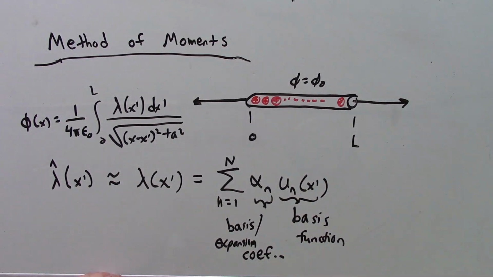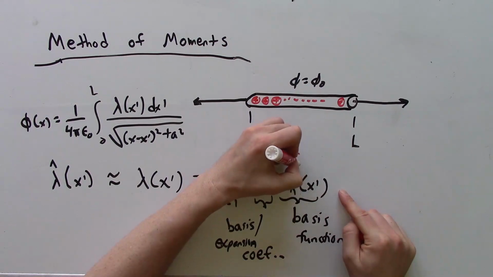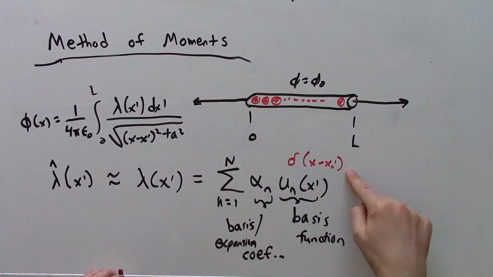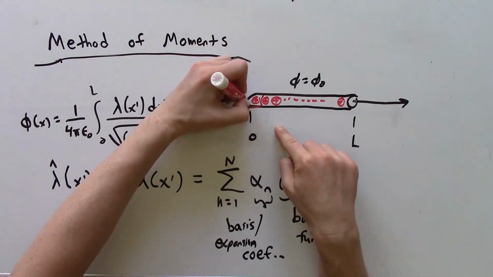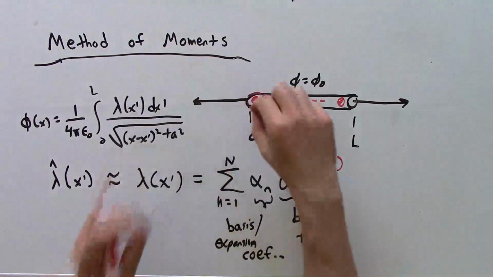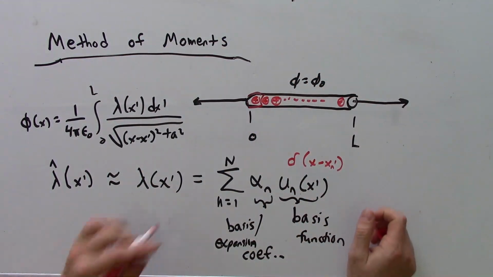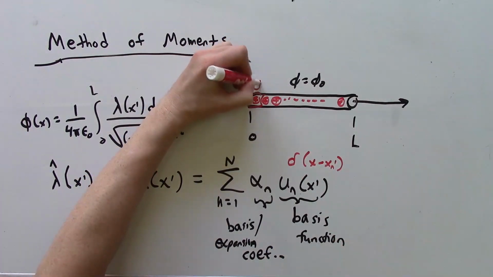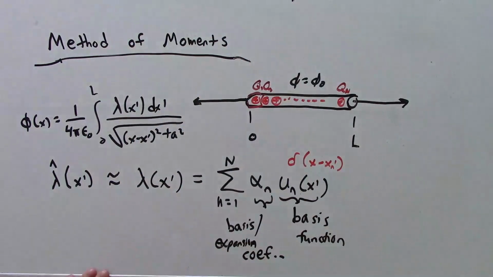If I were to do that, then you could simply say u sub n would be a delta function, delta of x minus x sub n prime. All the charge in this little section got squished down into a tiny point, and I would just calculate those individual point charges. In which case, alpha would essentially be Q1, Q2, all the way out to Qn.